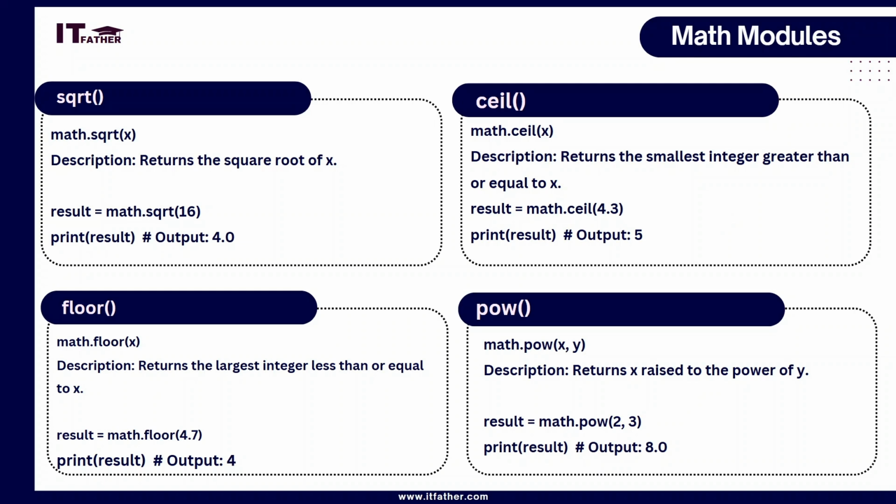If you pass 4.3, it will round up to the next higher value. If it is 4.2, 4.3, 4.4 or 4.5, it will go up to 5. So this is the use of the ceil function.